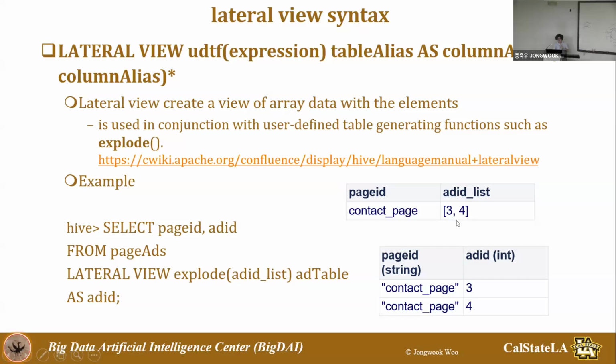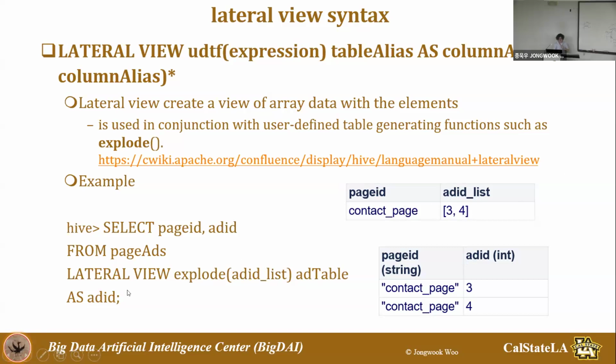In this case, if you want to explode the array, you can do it. You can explode this array using the explode function, right? So you can make elements 3 and 4 into records. But the issue is I also want to maintain this column's name with each element.